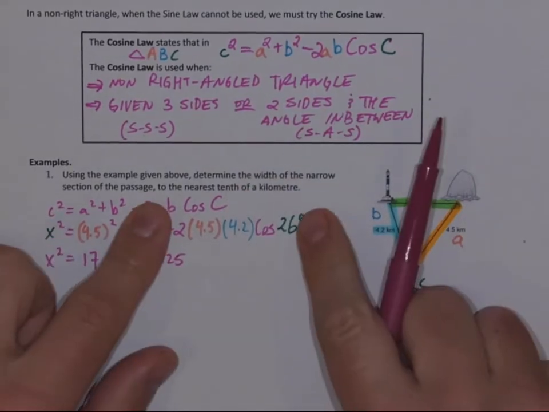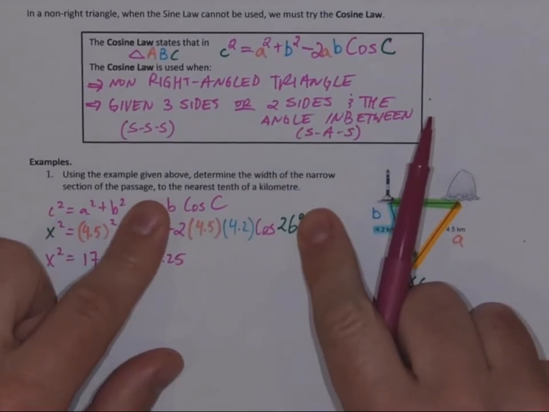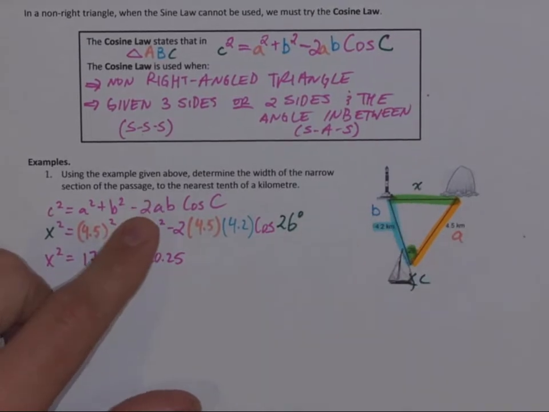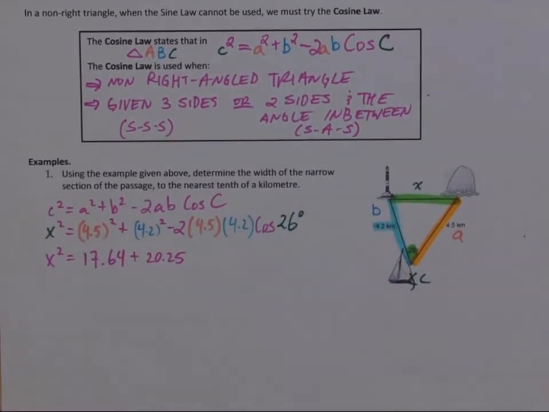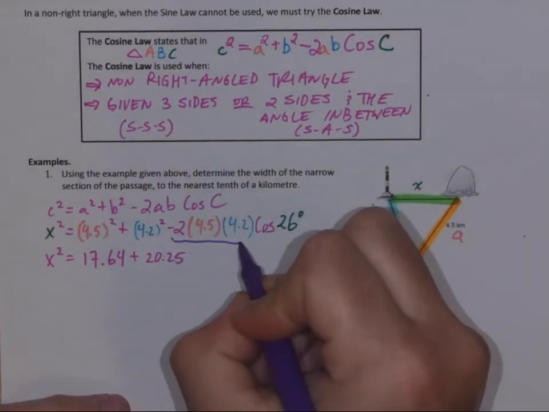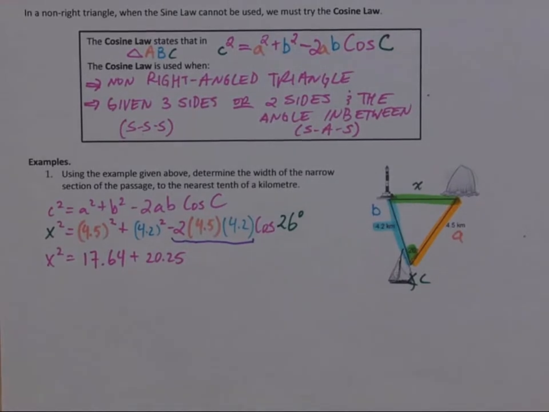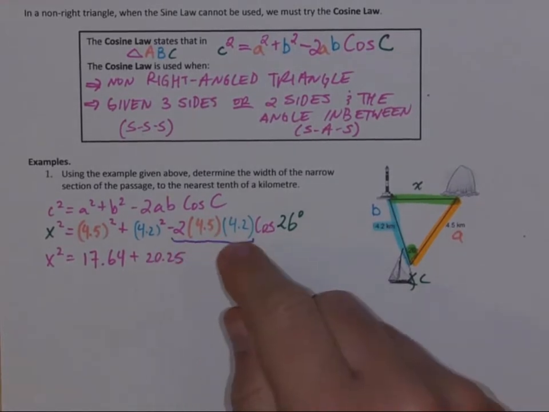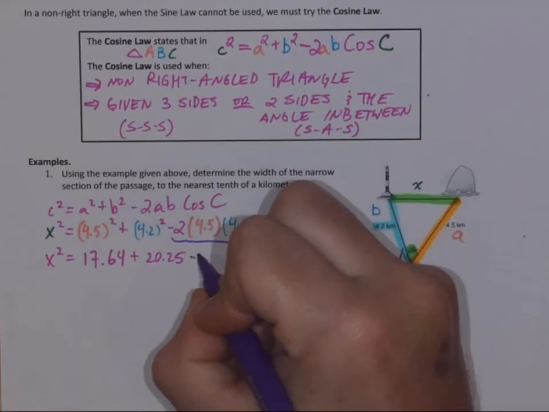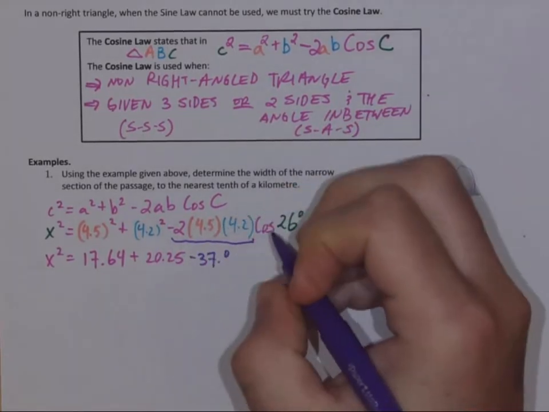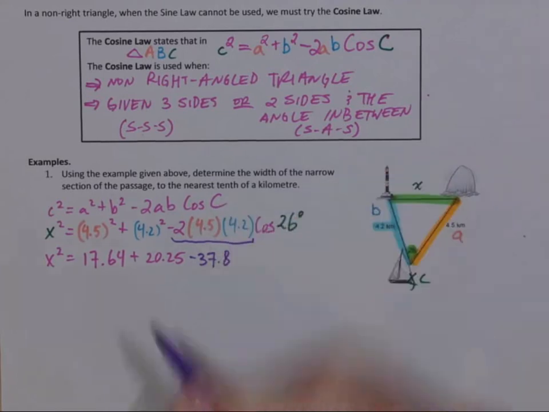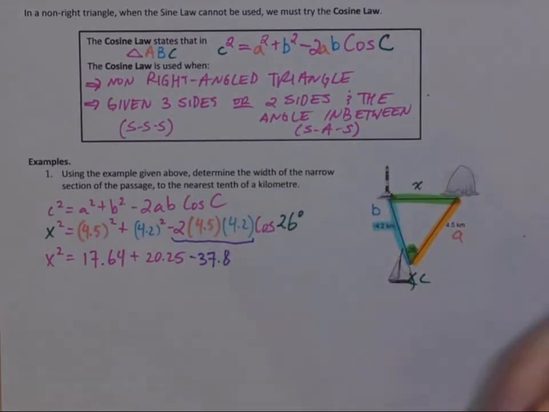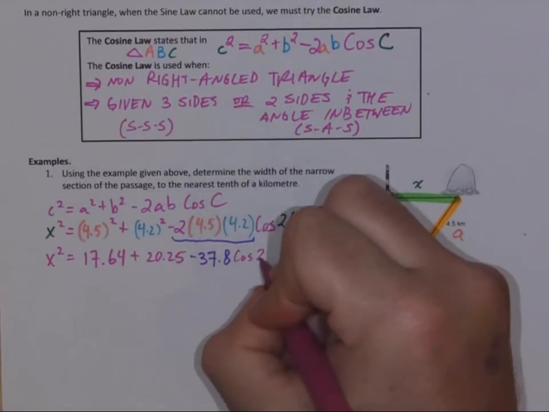Now, all of this is one large number. But because cosine of 26 does not give me a pretty decimal, I'm going to multiply all of that. Negative 2 times 4.5 times 4.2 is negative 37.8. And all of that is going to be times cosine of 26 degrees.